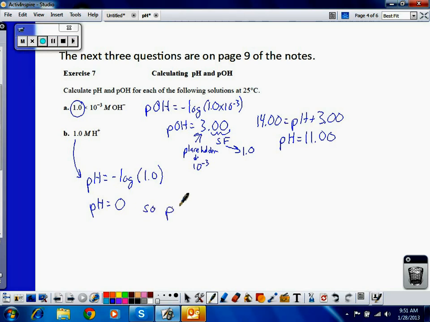So pOH equals 14.00. So that's where this 14 equals pH plus pOH will come in handy as we try to convert from pOHs to pHs and back and forth, rather than dealing with exponents. And that really is the point of the pH scale.